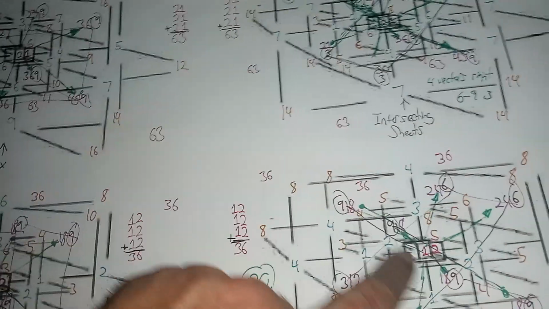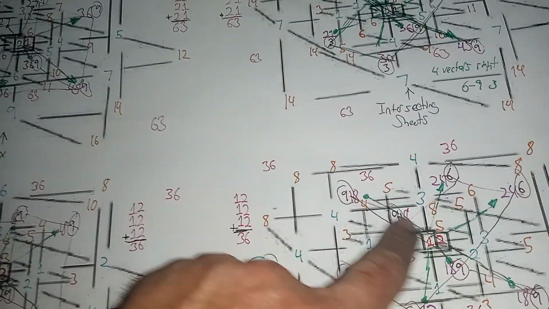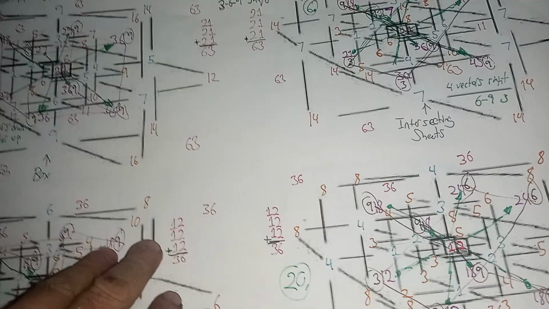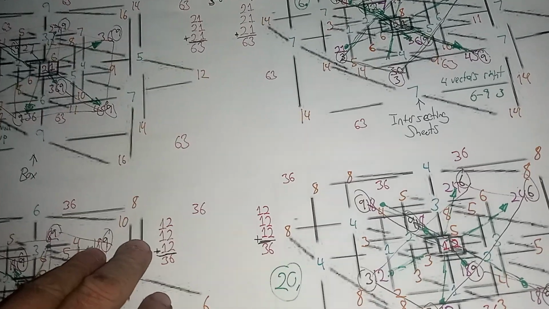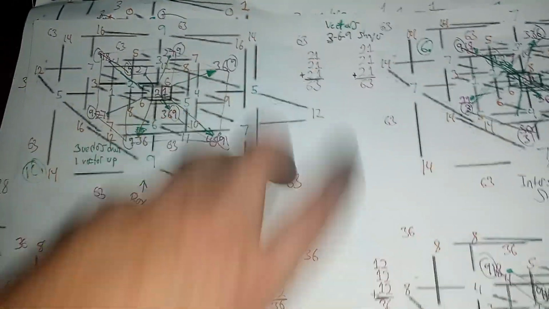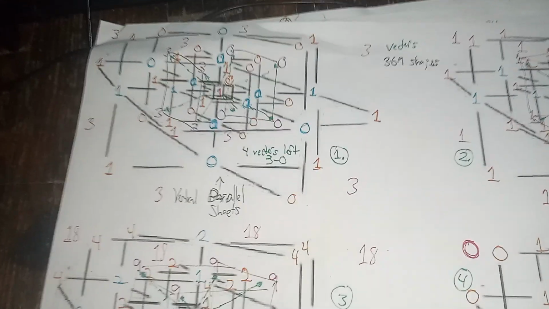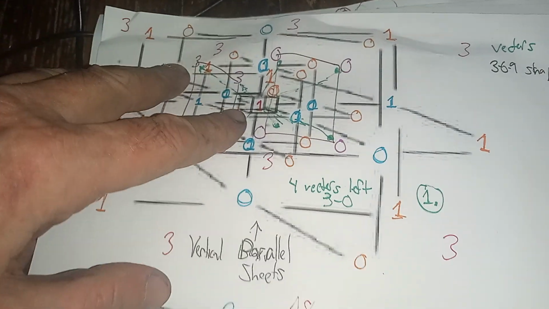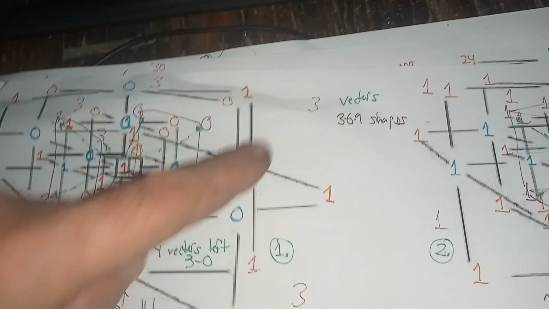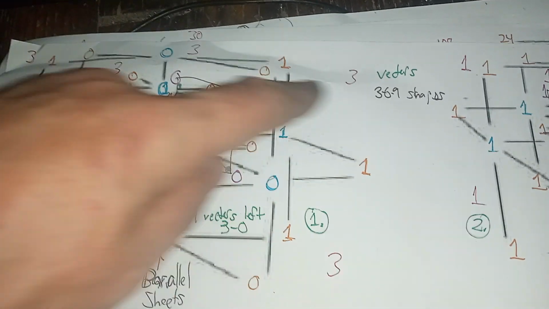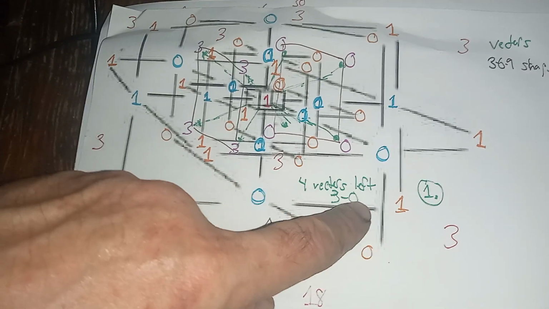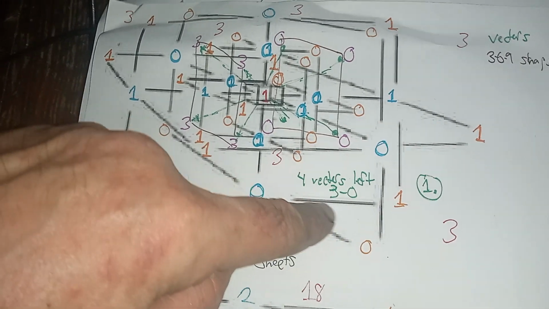And again, it's an intersecting sheet, and the axis is again along this axis for the 369 shapes. I'll go through this a little bit faster. These are just studies I've done on overlaying these different types of vectors and 369 shapes. This is 4 vectors to the left, and 3 and 0.